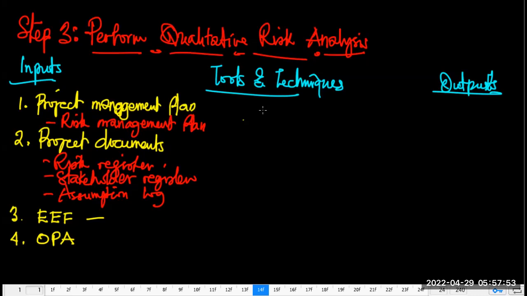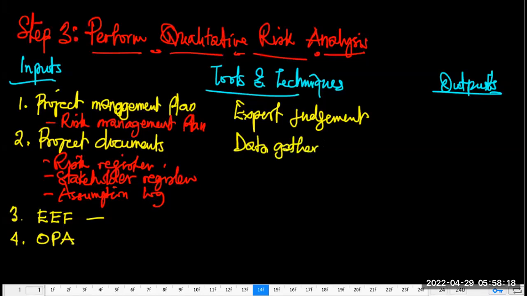So what tools do we need? Expert judgment is always there. There was no data gathering for step one, which was plan risk management, but we had data gathering for identify risk.